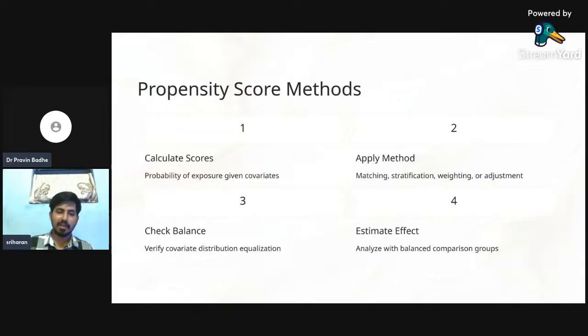At last, after calculating the score and applying the method, we check whether the confounding is equally balanced. After verifying that, we finally estimate the effect using the propensity score. This is the main important thing when controlling confounding factors. The propensity score method is an important method applicable in observational studies.